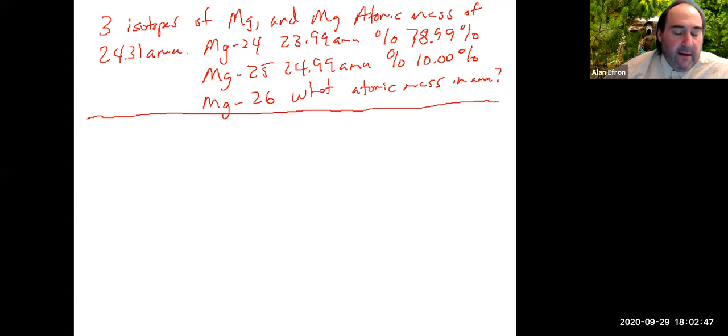In this case, we do have 3 isotopes given to us. At this point, we want to figure out the mass of the individual isotope that's here.